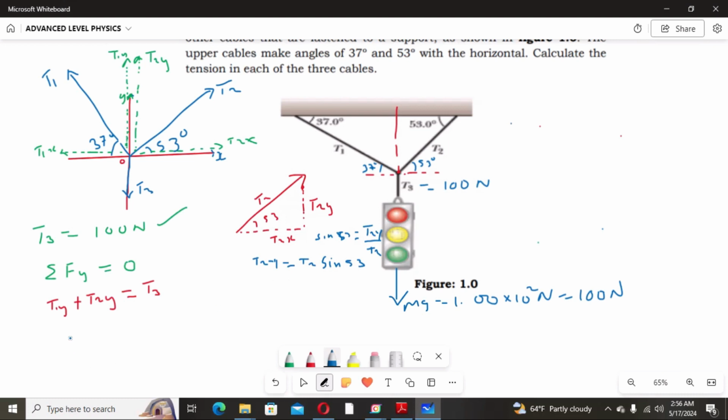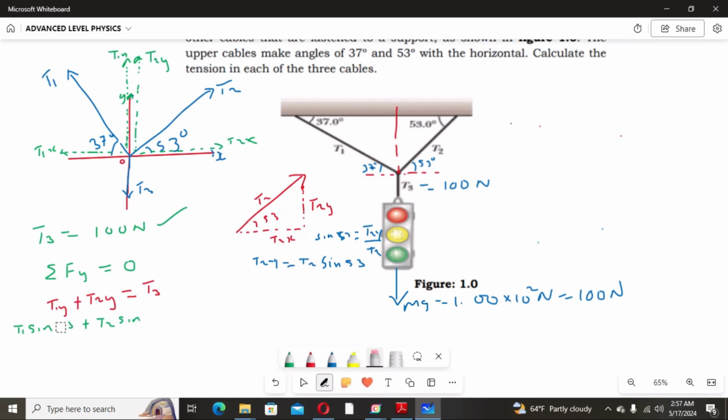The same applies to T1y. So substituting there, we have T1 sine 37, sorry, I've made a mistake there.